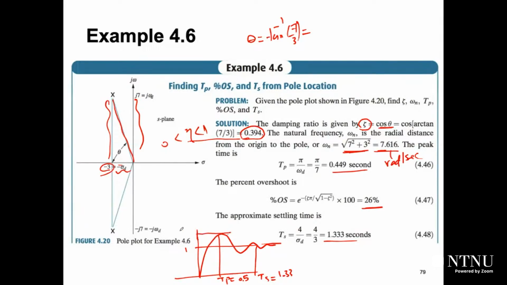Maximum overshoot is this one, 1.26. So now we have the peak time, the settling time, omega n and zeta. We can get all those numbers from the location of the poles in the pole plot.